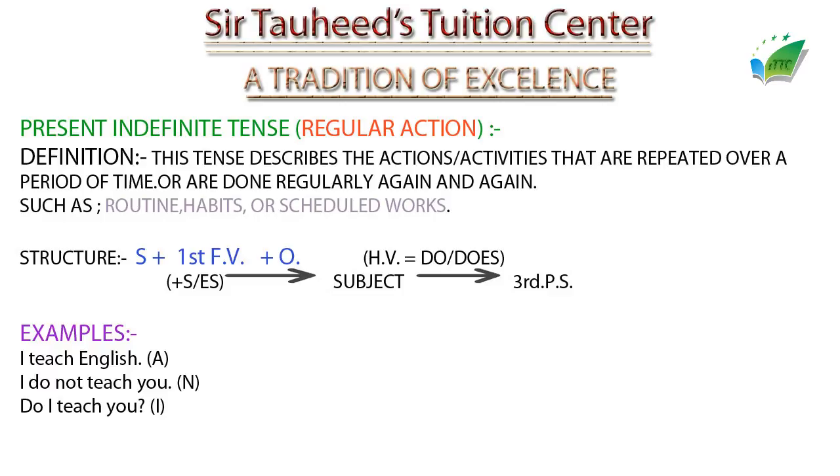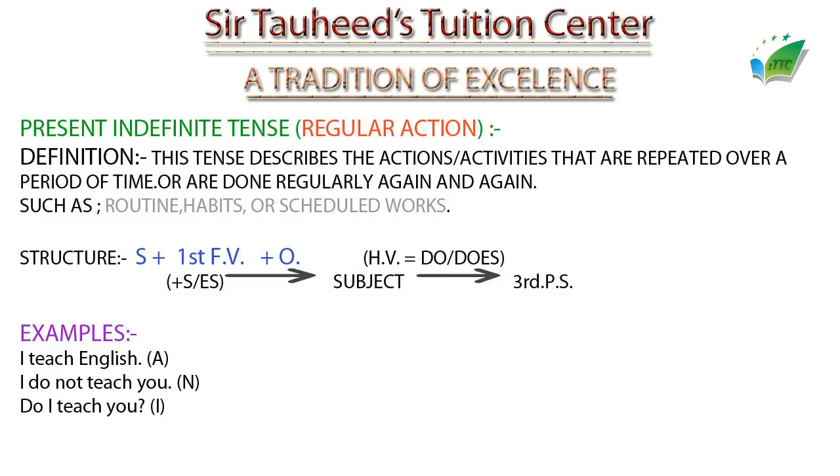Again, we have only three elements in the formula: number one is subject, number two is the first form of verb, and number three is object. But this sentence is not so simple.